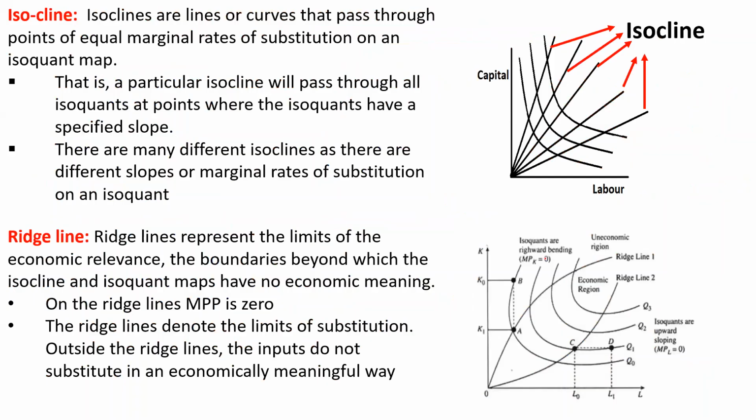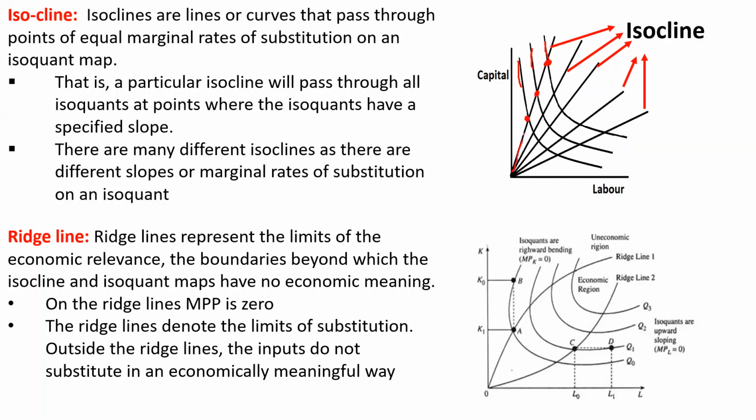So next we have the concept of isocline and ridgeline. Now isoclines are the lines or curves that pass through the points of equal marginal rate of substitution on the isoquant map. This is the isoquant map with the different isoquants, and the isocline is the line which joins the equal marginal rate of substitution or equal slope of various isoquants. So at this point on higher successive isoquants, the slope of the isoquant is the same.